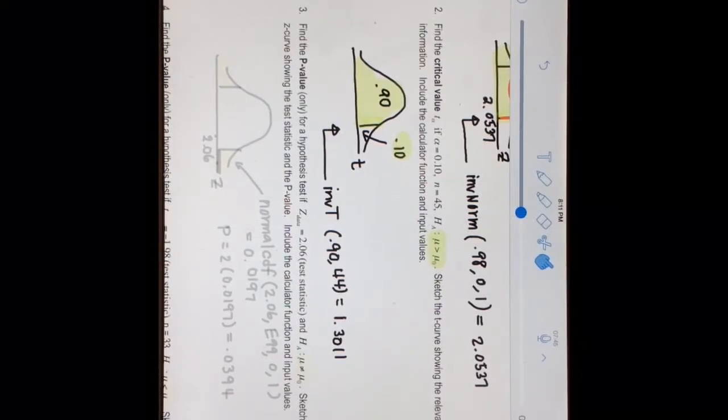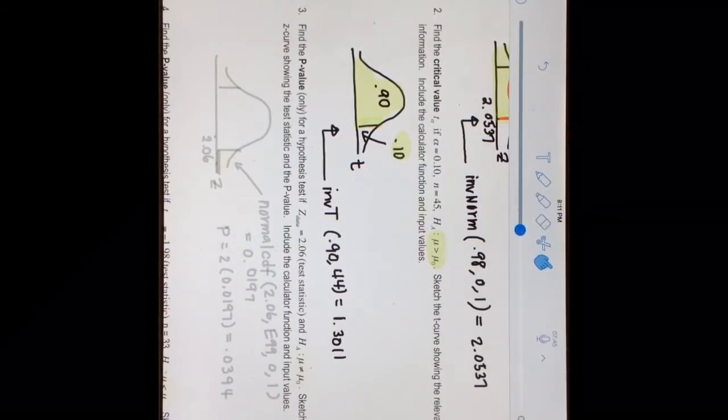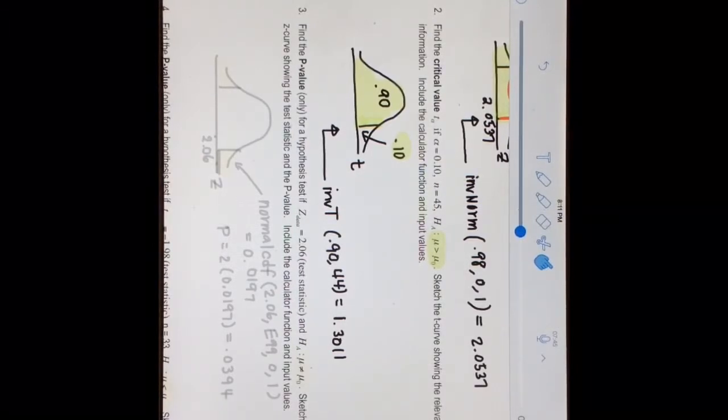Find the p-value for a hypothesis test if its z-statistic is 2.06 and the alternative hypothesis is mu not equal to mu naught. Graph the z-curve.